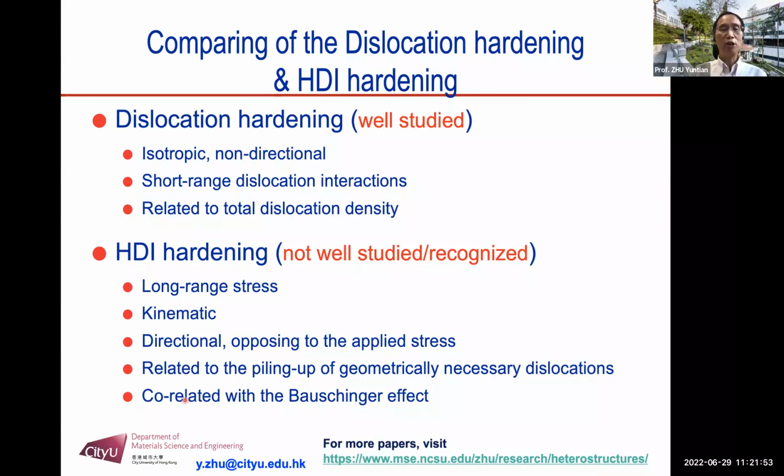It's also correlated with the Bauschinger effect, the heterostructured effect. Again, the Bauschinger effect has the same physical origin, with GNDs piling up. So you can imagine heterostructured materials also have a high Bauschinger effect.